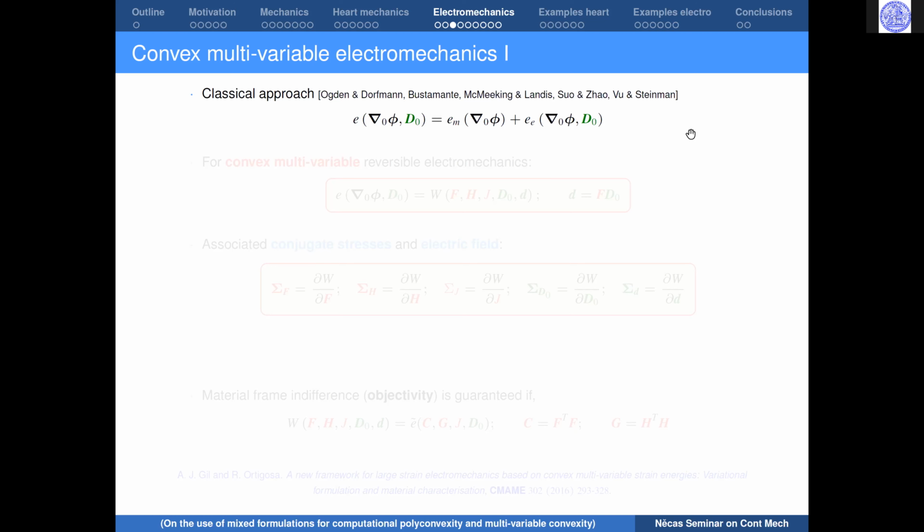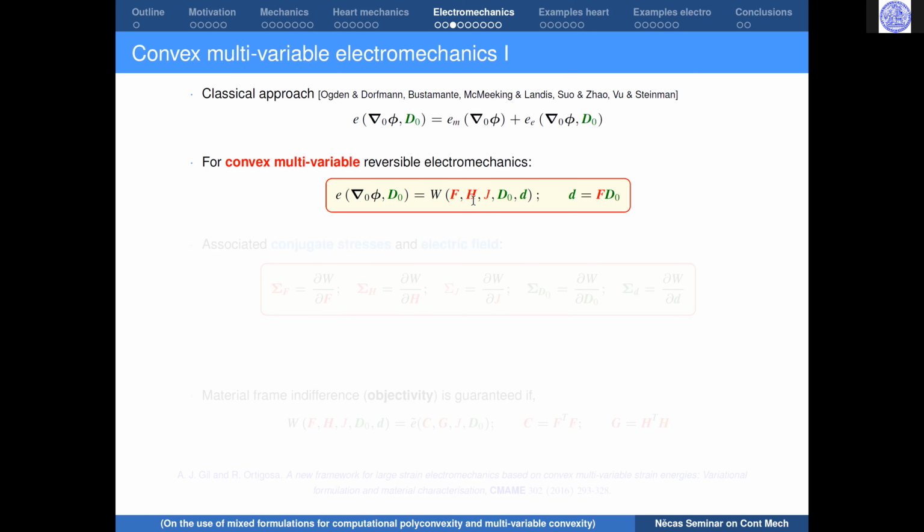Now, we were interested in the case of pure material stability, not in the case of existence of solutions at the time. So it's interesting because we worked towards the definition of an energy that could be convex not only in F, H, J, like it would be in the case of standard polyconvexity, but also convex in terms of the argument D0, the electric displacement, and d, which is sort of like a current, a spatial measure of the electric displacement D0.